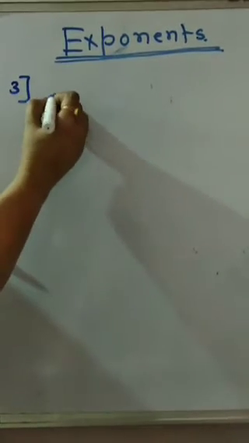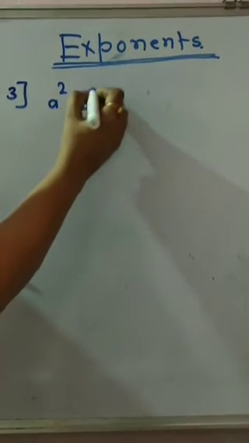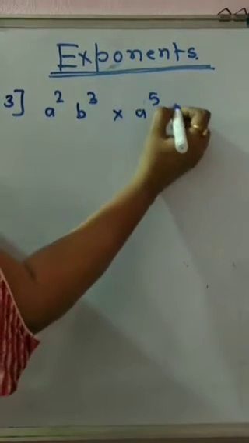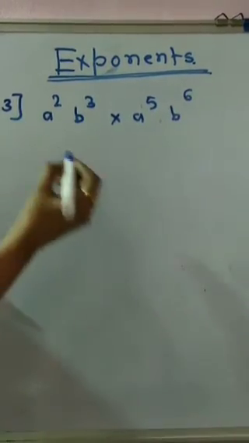Third one is a raised to 2, b raised to 3 into a raised to 5, b raised to 6.